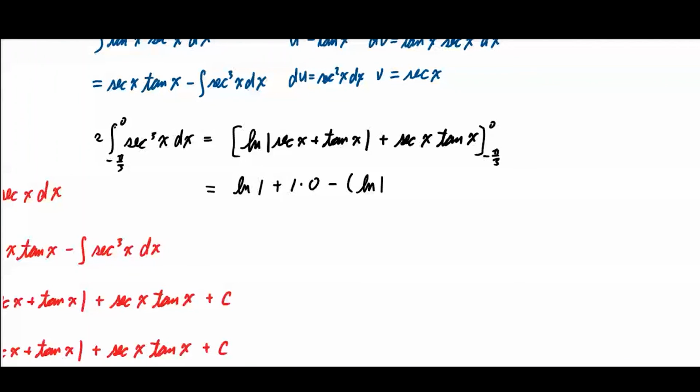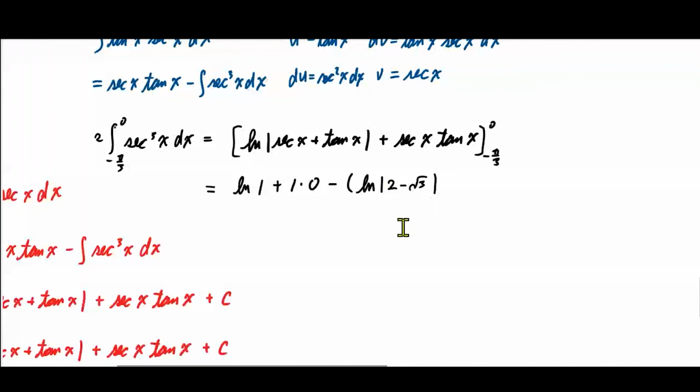What is tangent of negative pi over 3? Negative root 3. Thank you. Negative root 3. We don't need that absolute value after all because 2 is bigger than root 3.